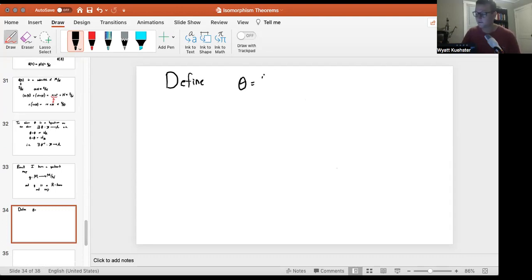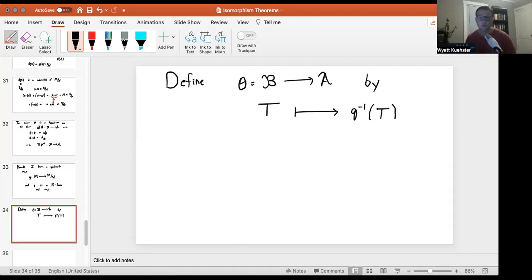theta from fancy B to fancy A by, so if I take a submodule T of M over N, I'm going to map it to Q inverse of T, but what I mean is pre-image.